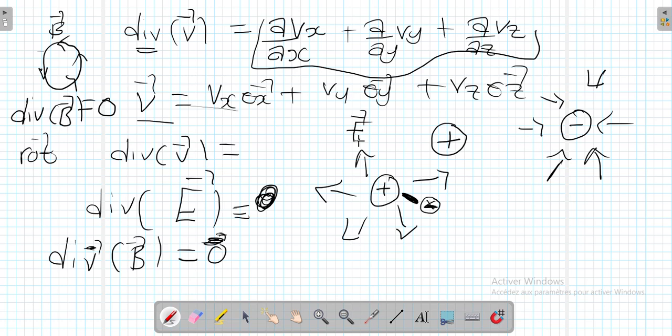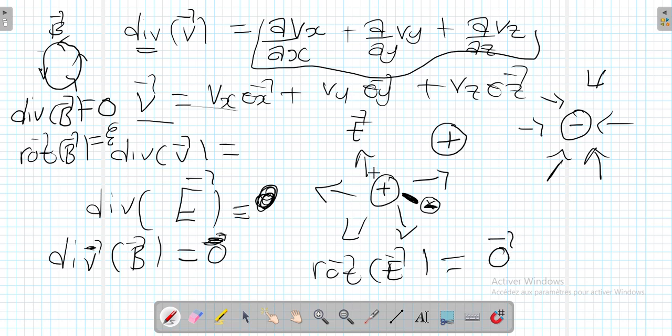Then the rotation just shows the circular nature, or the curling, of a vector. So the rotation of B is what? A certain value, not 0. Why? B by nature rotates. So if you want to know what it will give, you have to know what B and E are. For example, what is the rotation of E? The rotation of E is 0.